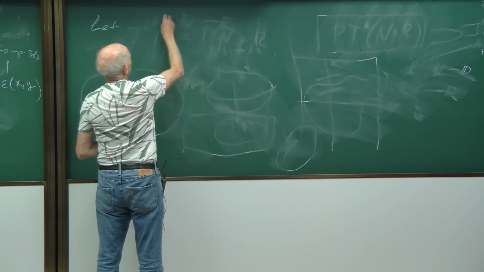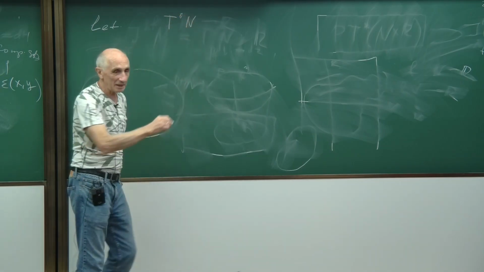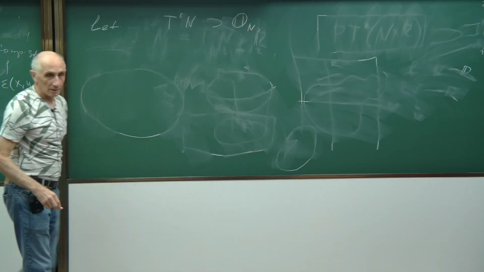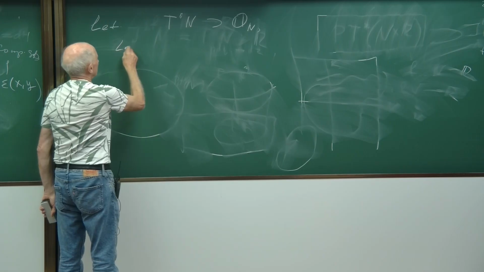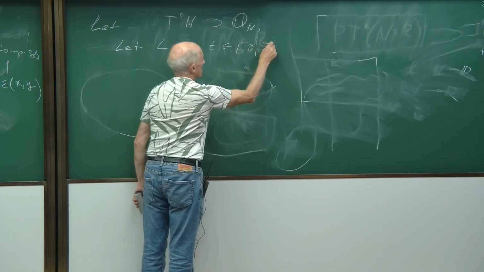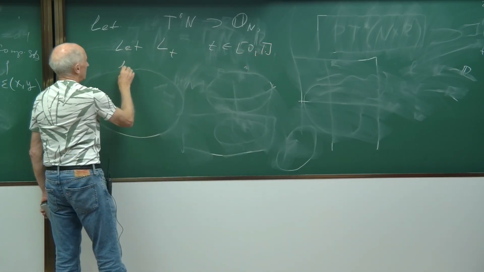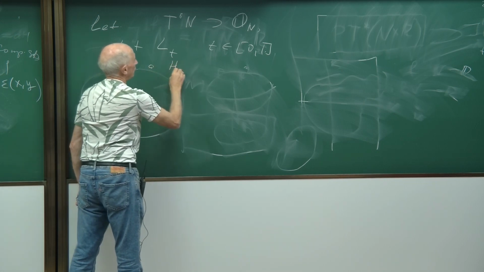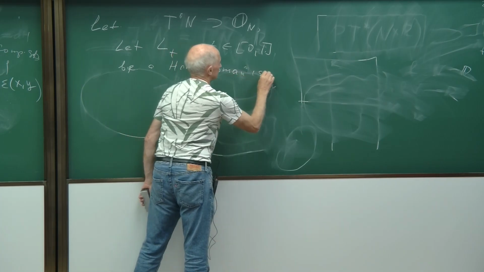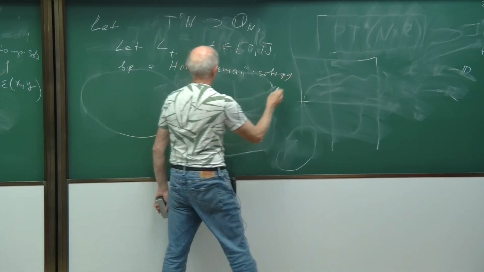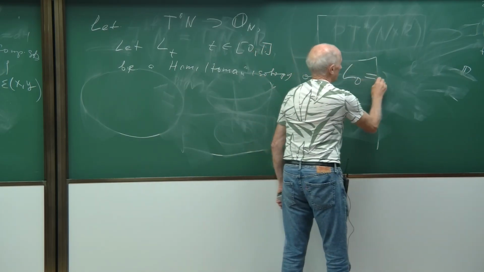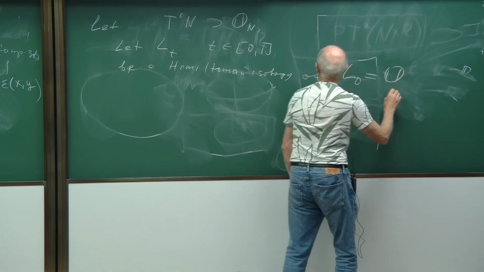Take the cotangent bundle of N and take the zero section in N. And let L_t, say t in [0, 1], be a Hamiltonian isotopy of L_0 equal to the zero section.